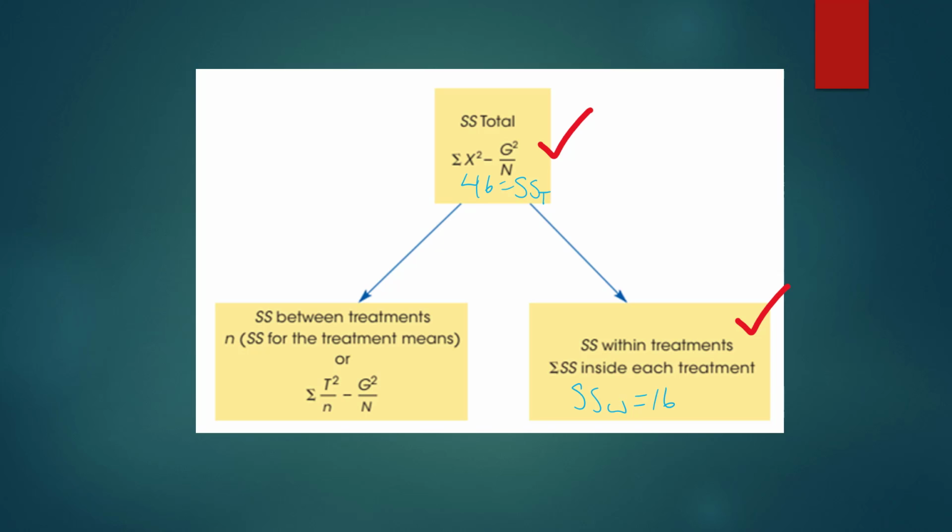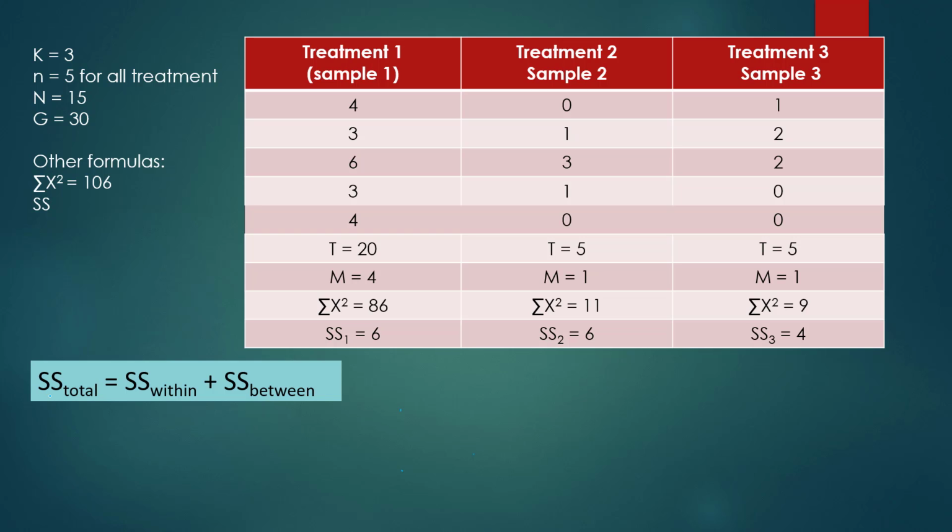Now, there's a couple of different ways we can get our sum of squares between. If we know that our sum of squares total is partitioned into within and between, the sum of those two values is going to give us our sum of squares total. So we can work the formula. We know that our sum of squares total is 46, and our sum of squares within is 16.